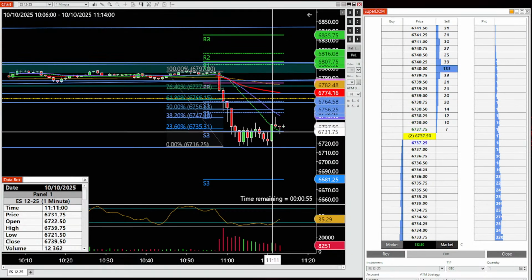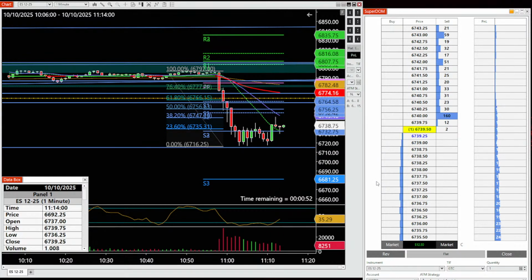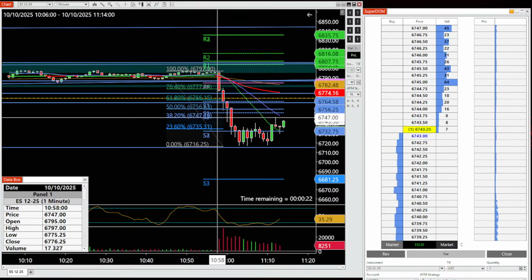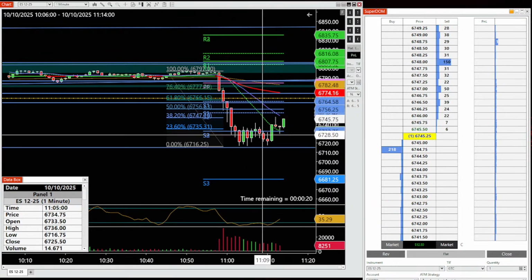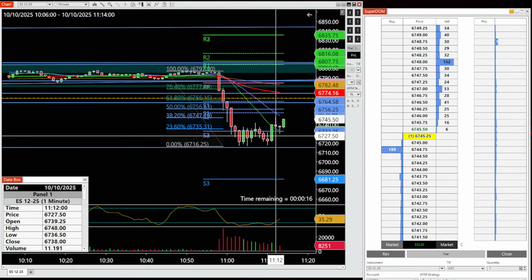Which way do we go? Which way do we go? That was 48.